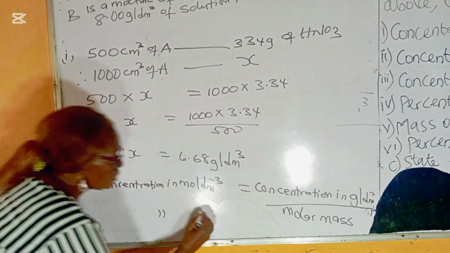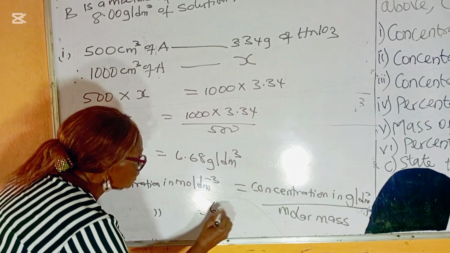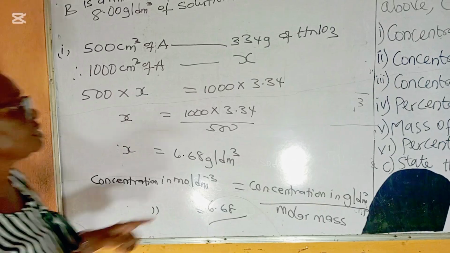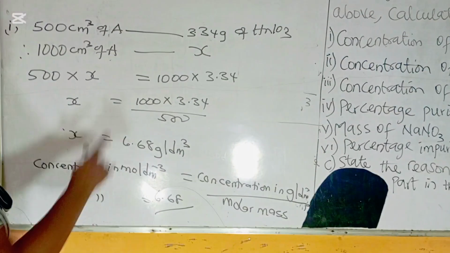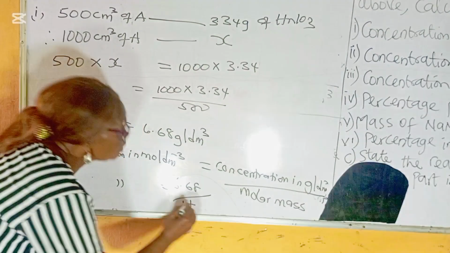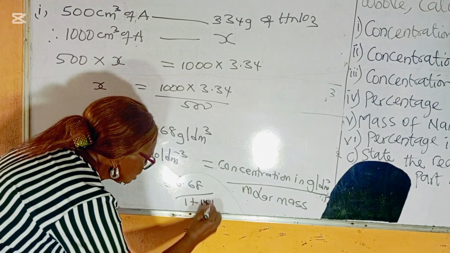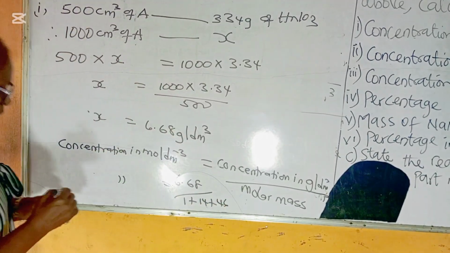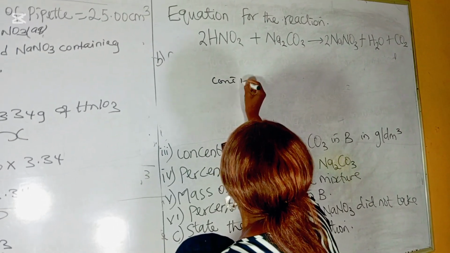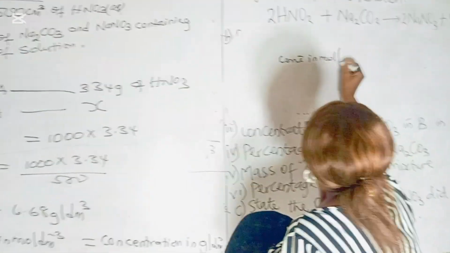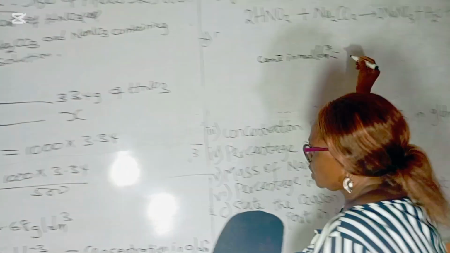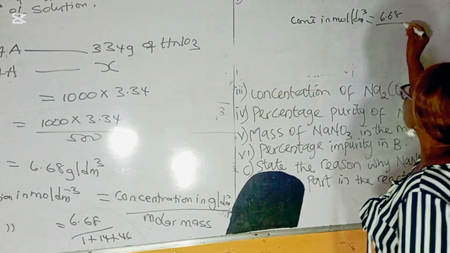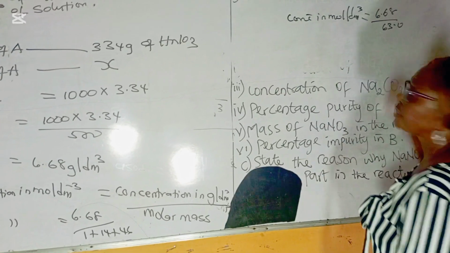Bring it down. You substitute 6.68 divided by the molar mass of acid, because it's acid you are working with. And H is 1 plus 14 plus 3 times 16, which is 48. Conc in mole per dm cube equals 6.68 over 63.0.